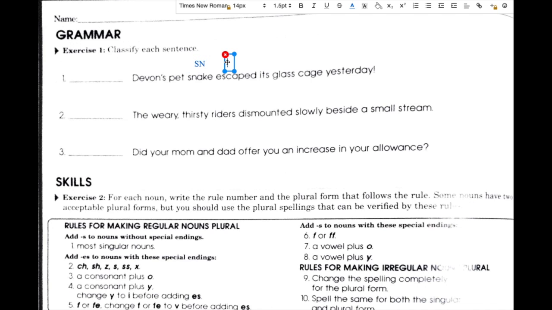Escaped. The snake escaped. Verb. Snake escaped what? Cage. If we're answering snake escaped what, it's a direct object. Let's verify the noun. Does cage mean the same as snake? No. It's receiving the action because it was being escaped from, so we know it's the direct object.